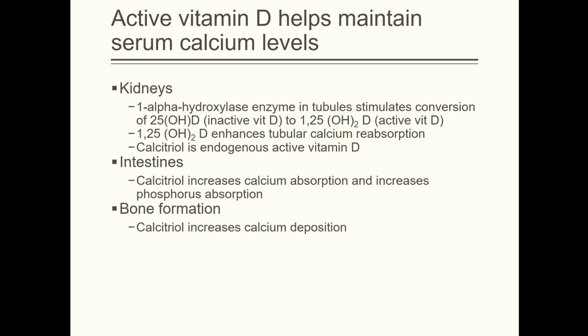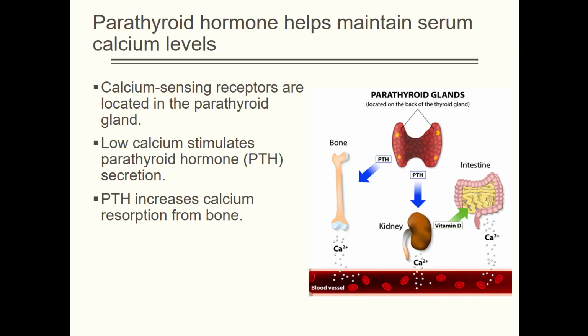In the intestines, active vitamin D increases both calcium and phosphorus absorption. Vitamin D increases calcium deposition in the bone. The parathyroid hormone helps maintain serum calcium levels. The parathyroid gland has calcium sensing receptors, and parathyroid hormone levels may increase in response to low serum calcium levels.